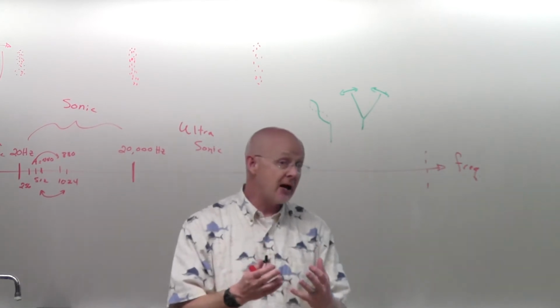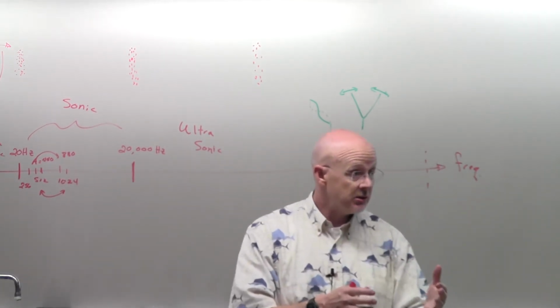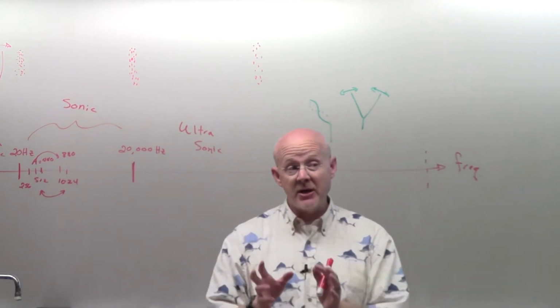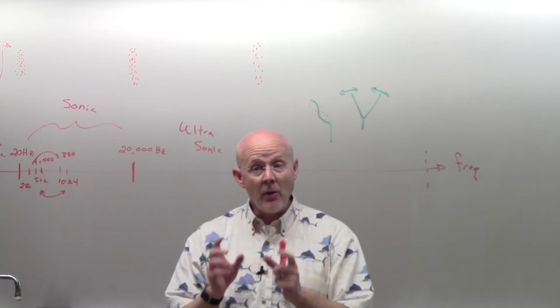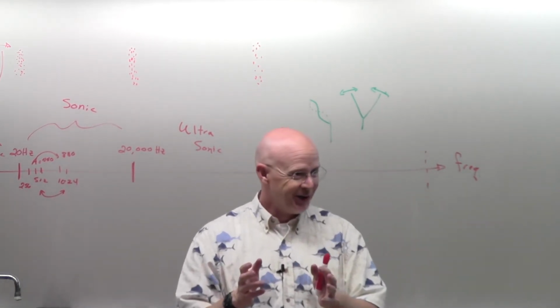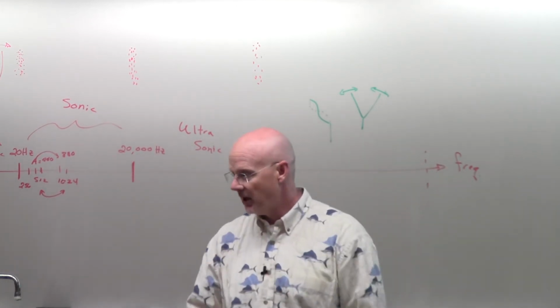You would expect, wouldn't you, solids to be harder to compress than gases? They're also more dense too, so maybe it's not so obvious, but I would think that the speed of sound in the solids because of that would be much higher than the speed of sound in the gases. No?